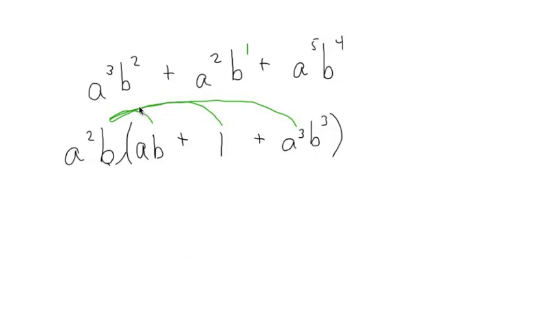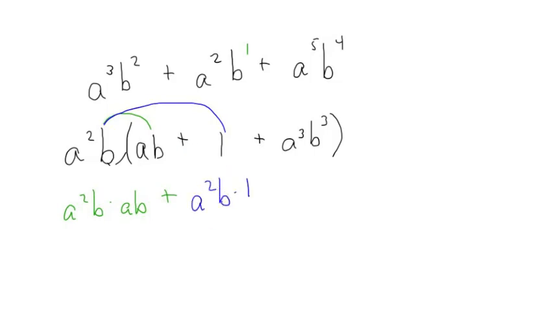Anytime you've finished factoring, you should always check by distributing. A squared b times ab is what the first term will give us. I'll add that to a squared b times 1. And I'll add that to a squared b times a cubed b cubed.